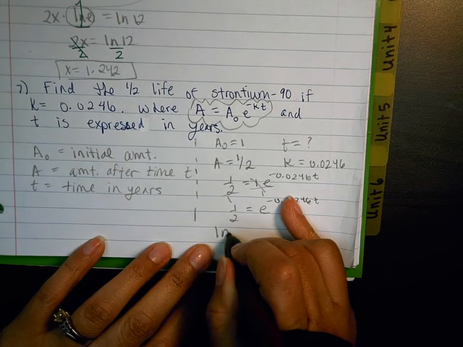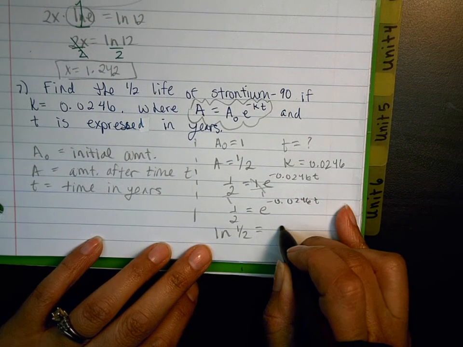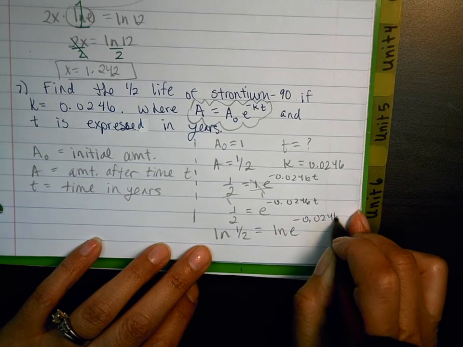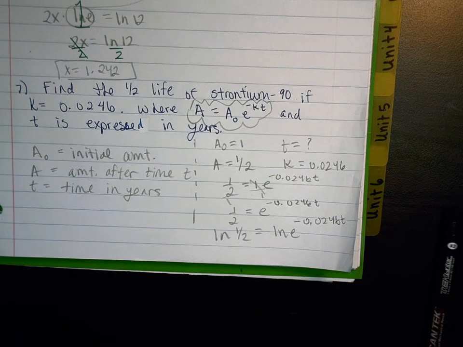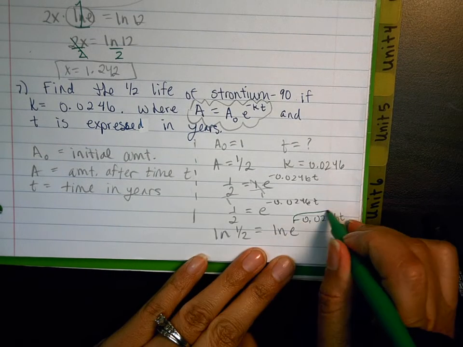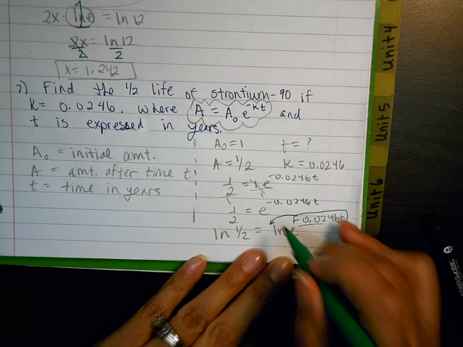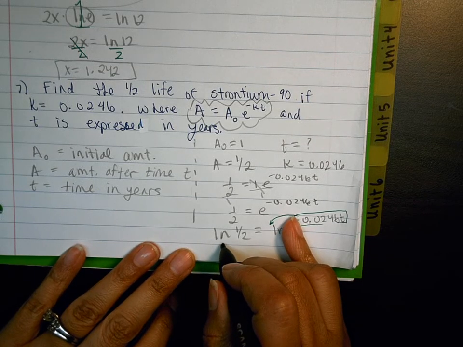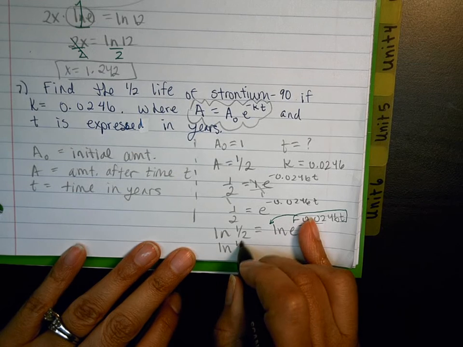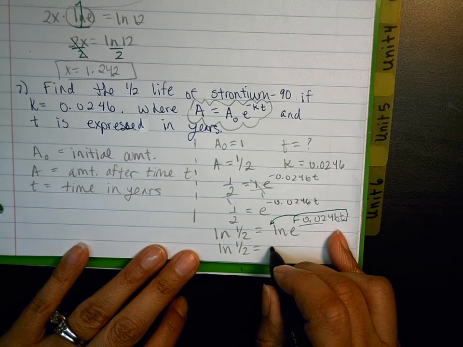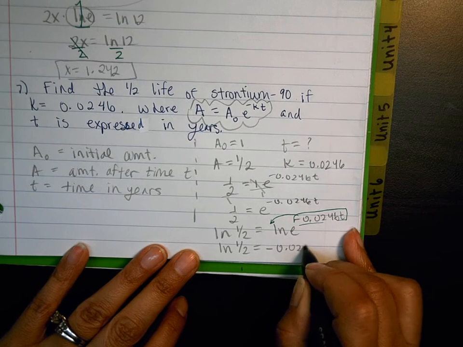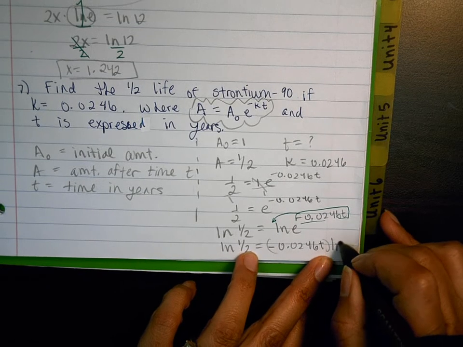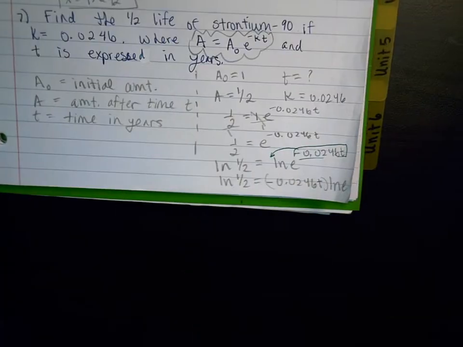So ln of 1/2 equals ln of e raised to the negative 0.0246 T. And the whole reason I do that is to be able to take this exponent and bring it down as a coefficient. ln of 1/2 equals negative 0.0246 T times ln of e.